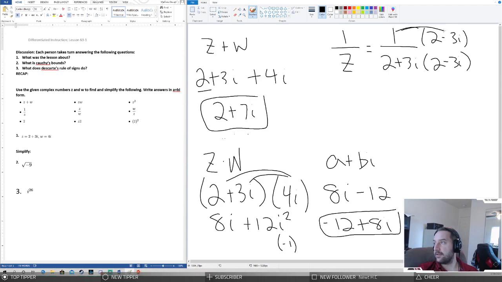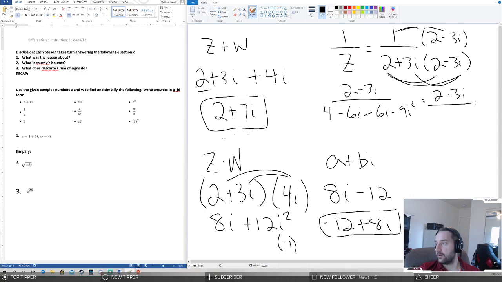So we're going to multiply that through. So you're going to get 2 minus 3i on top. Now, every time you multiply the conjugate, the i's will cancel out. So you get 4 minus 6i plus 6i, and then minus 9i squared. And so that's going to give me 2 minus 3i over, now those cancel out, this i squared, so negative 9 times negative 1, that's plus 9, so 4 plus 9 is 13.